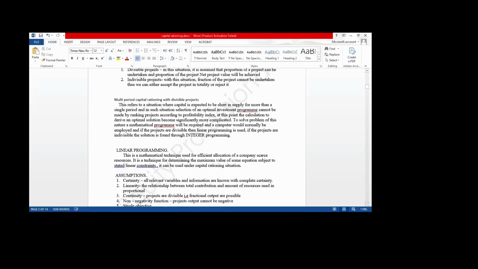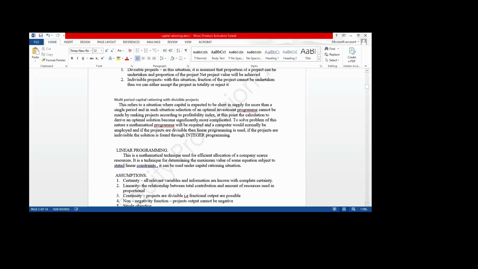At this point, the calculation to derive an optimal solution becomes significantly more complicated. To solve a problem of this nature, a mathematical program will be required. You are going to use linear programming.